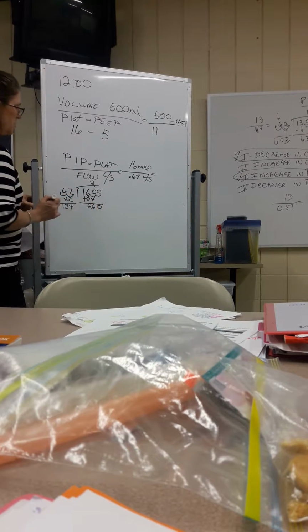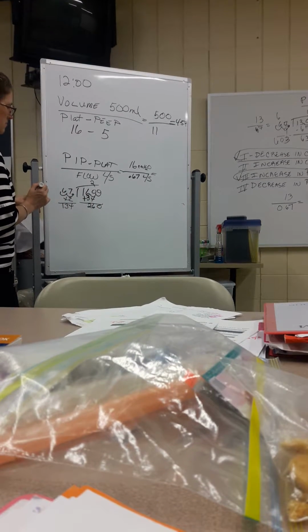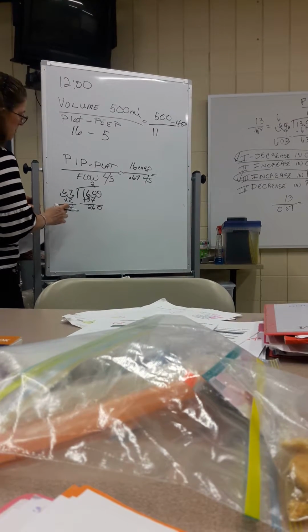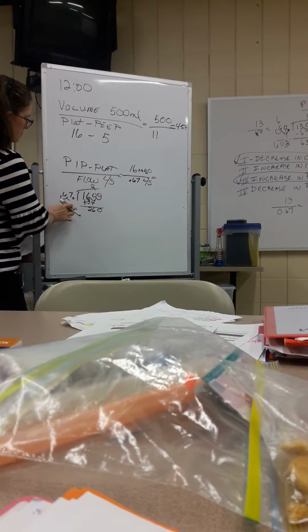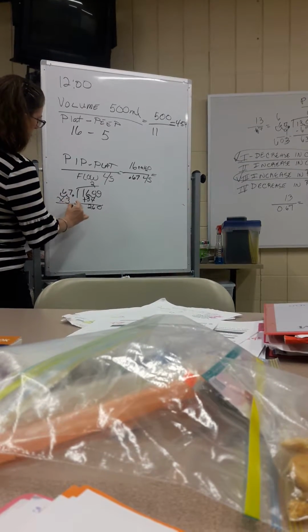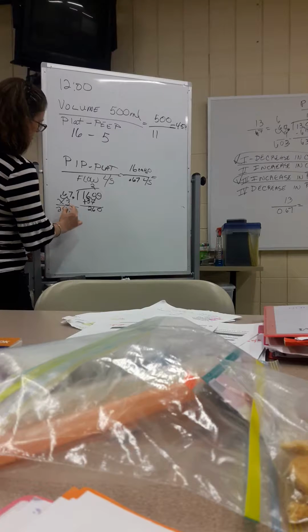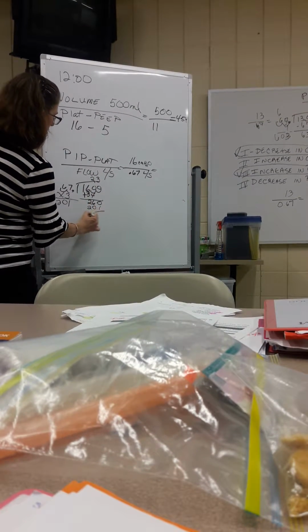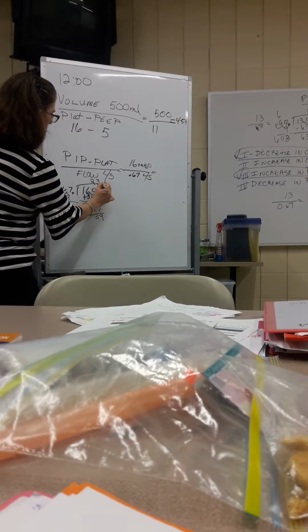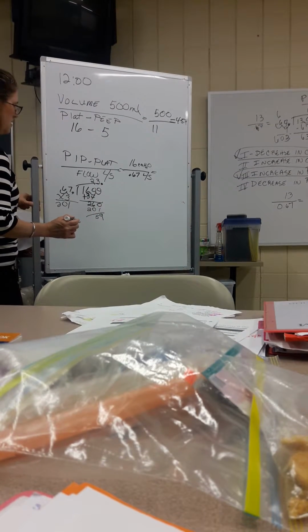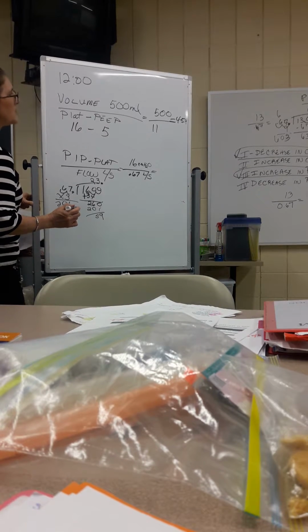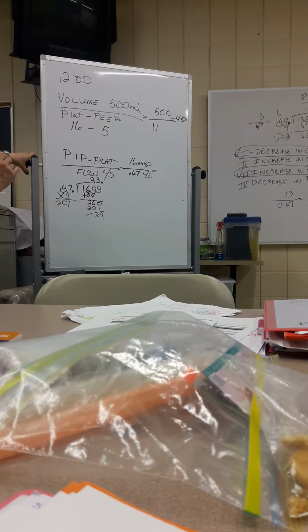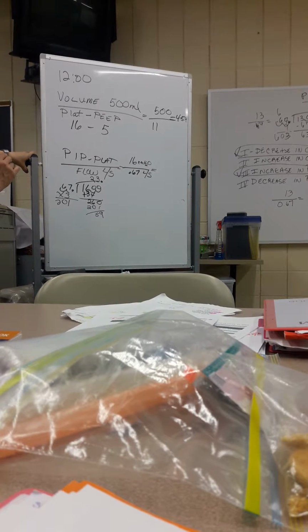So 67 can go into 260 4 times? Probably a little too big, so let's try 3. 3 times 67 is 201. Then 59. I can't. That's one wrong. So this.